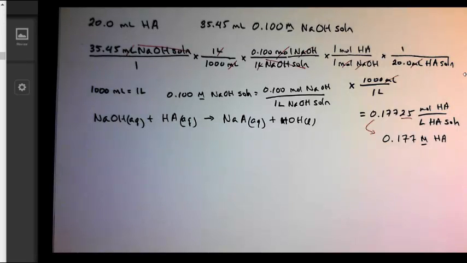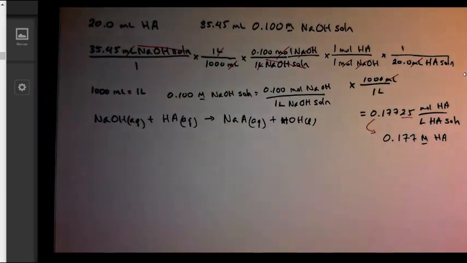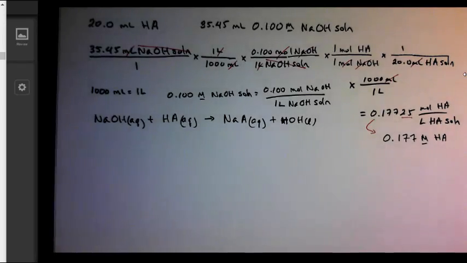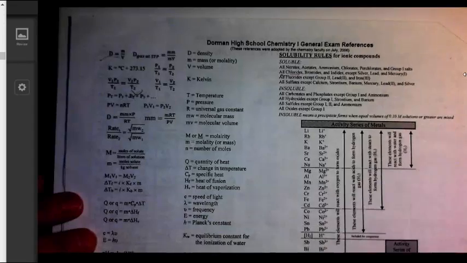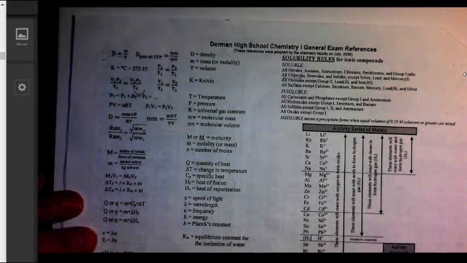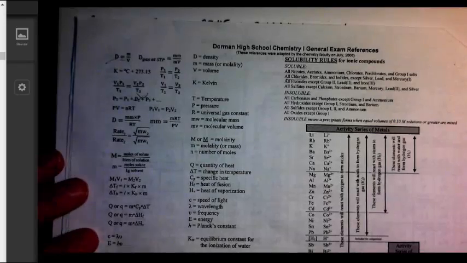Now, before I completely stop here, let me find my set of test references, because it's the same as yours. And just a little helpful hint here. A couple things on the test references.